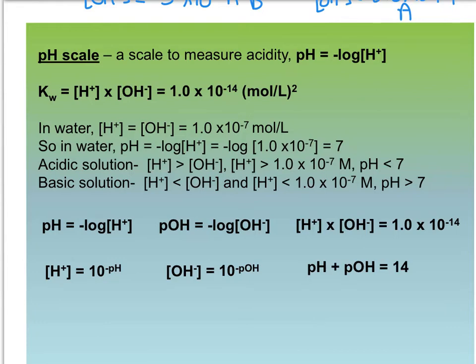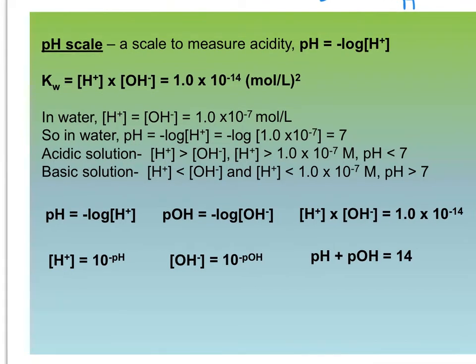So in math, independent of the science class, we would say the function of A is equal to this. What is PA? We knew that P means negative log, so you take negative log of function A. So mathematically, pH is equal to the negative log of the H plus concentration. That's what pH stands for.